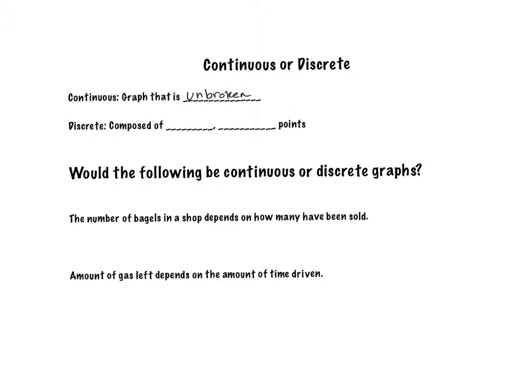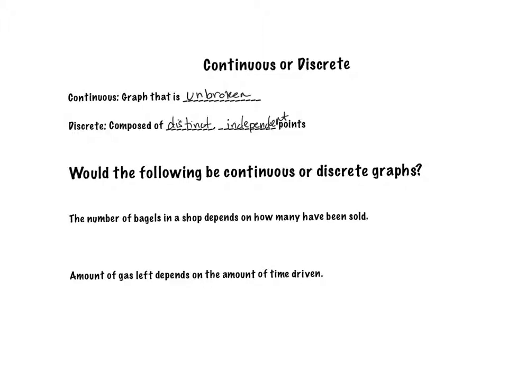And then discrete ones are composed of distinct, independent points. So with discrete, you can only have those number of points. You can't have something in the middle. So a lot of the questions on this will be looking at a situation and saying, is that going to be continuous or discrete?